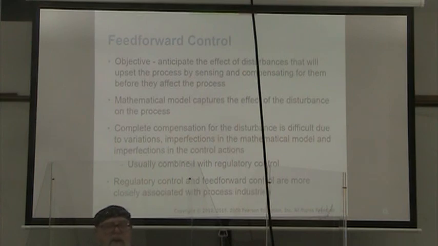Feed forward control is like feedback control, except we're trying to anticipate the effect of any disturbances that might upset the process. We're going to sense and compensate for them before they affect the process.